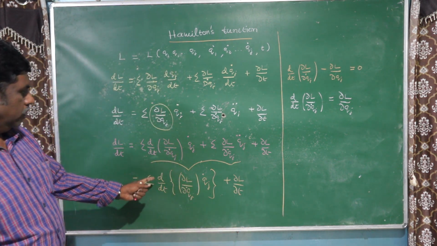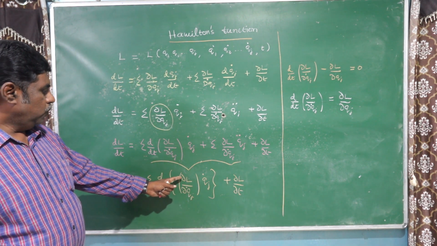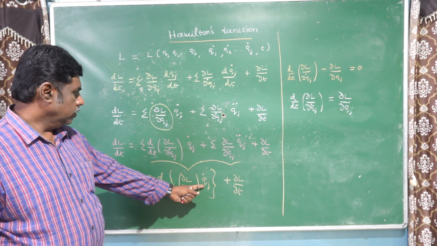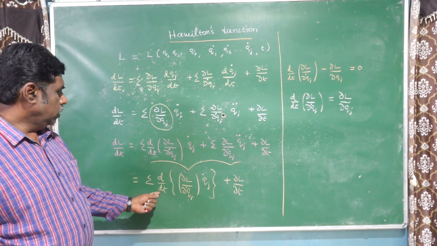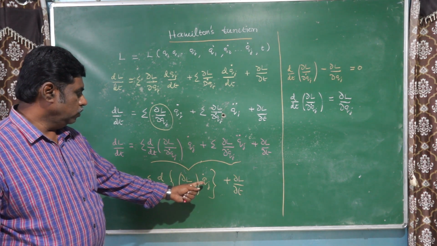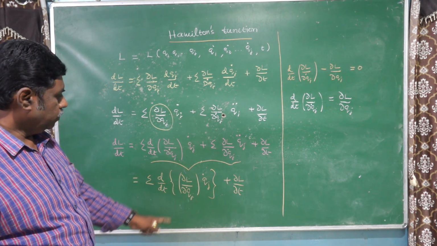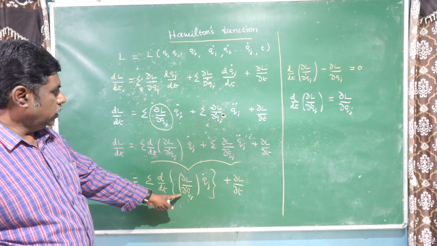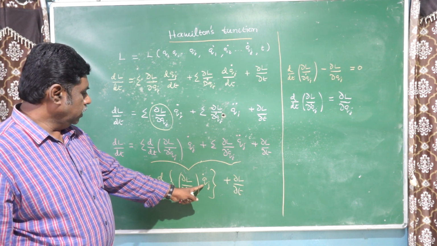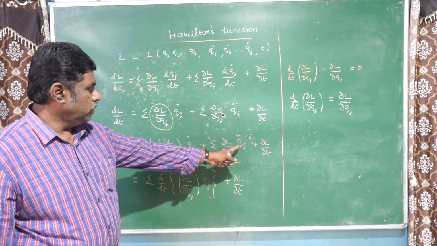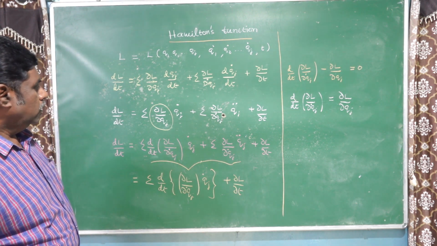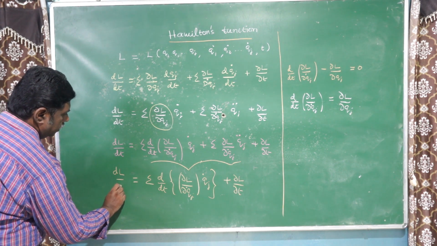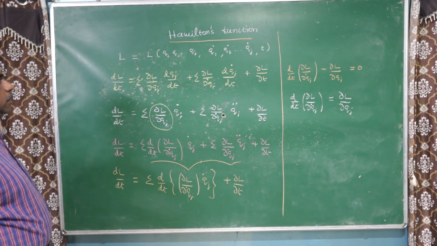See here, d by dt of ∂L by ∂qj dot into qj dot equal to d by dt of ∂L by ∂qj dot into qj dot. You have to apply the UV formula, plus ∂L by ∂qj dot into d by dt of qj dot is qj double dot. The left hand side you have to write dL by dt.